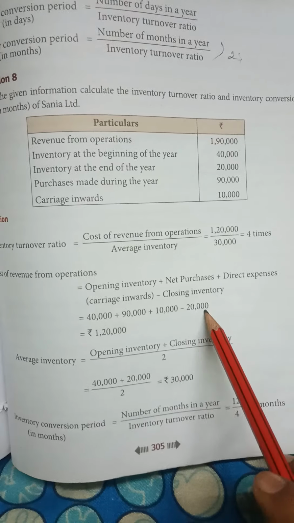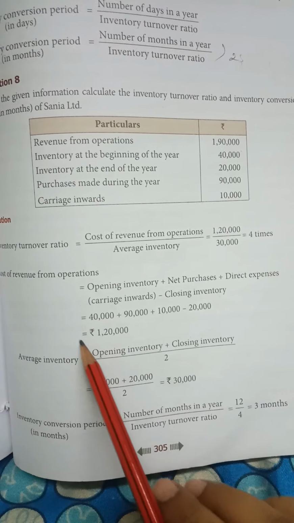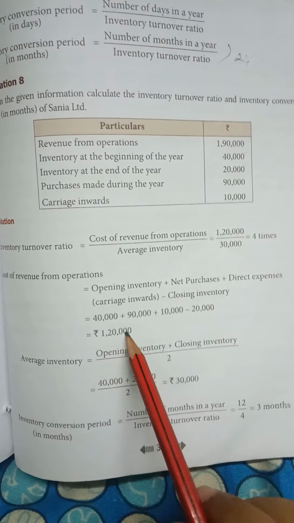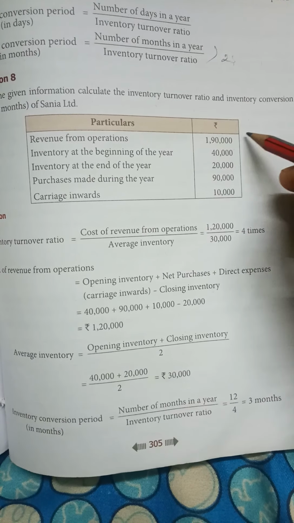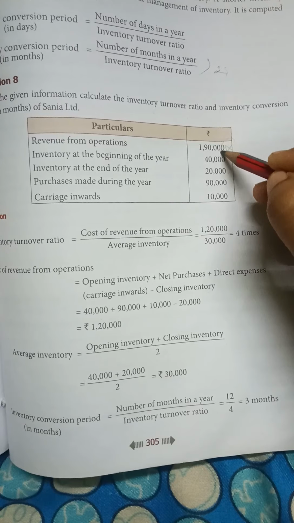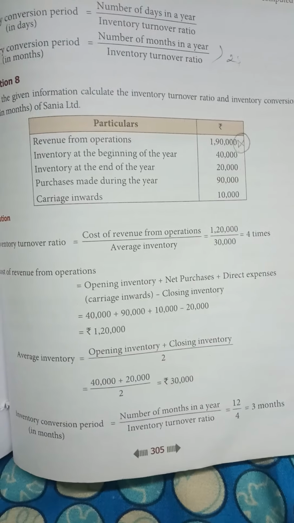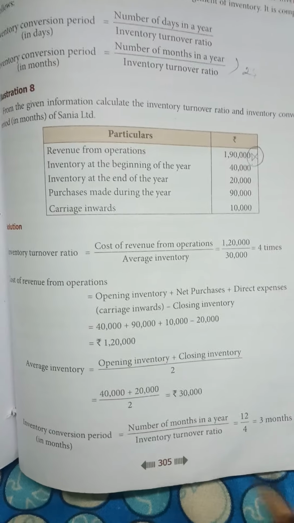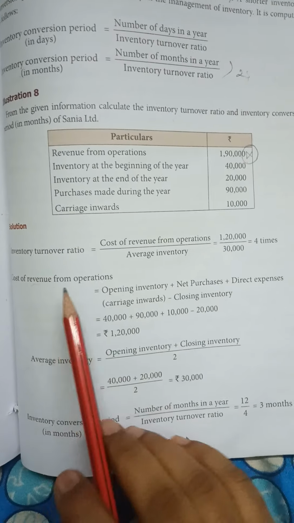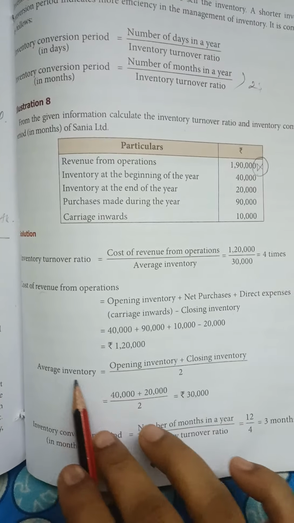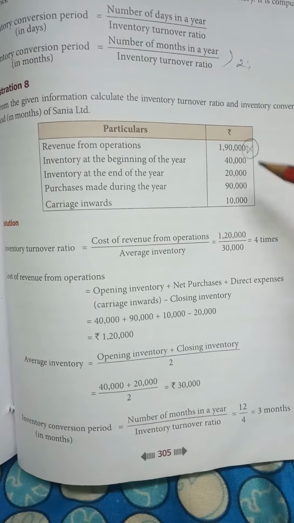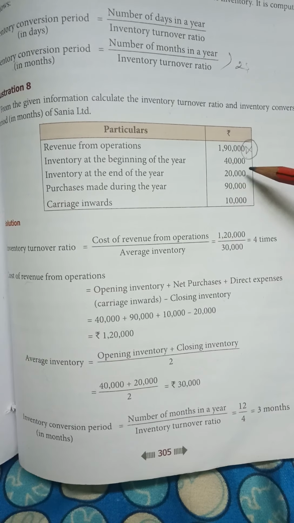which is given as 20,000. So minus 20,000, which will give you 1,20,000. This revenue from operations is given just to confuse us, so you need not bother about it. Next, now we have found out the cost of revenue from operations. Then we need to find average inventory. How can we find out the average inventory?